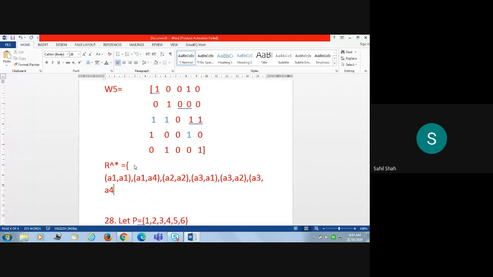A3, A4. A3, A5. What next? A4, A1. A4, A4. A5, A2. A5, A5. So these many pairs will be present in the transitive closure of binary relation R. Okay. How many pairs in total? 11 pairs should be present. Okay.